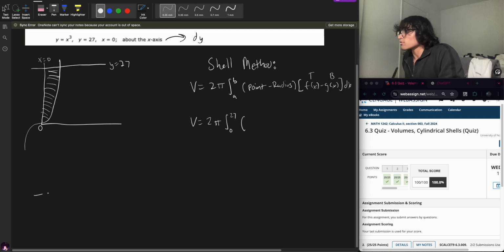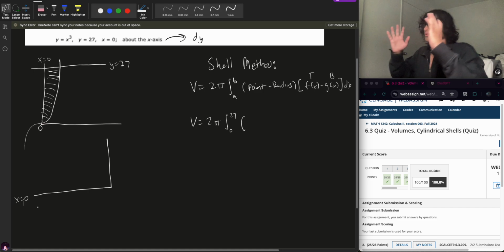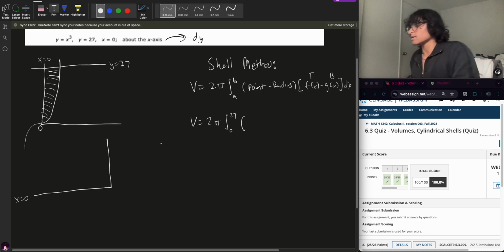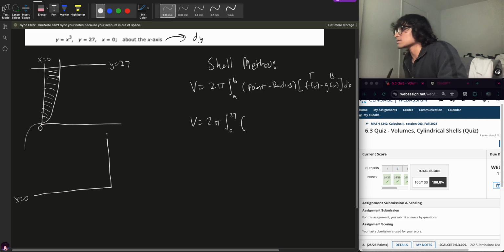So let's rotate this around. We have our x equals 0 here. I know it's kind of weird to think about rotating it like that. Then we have our function.